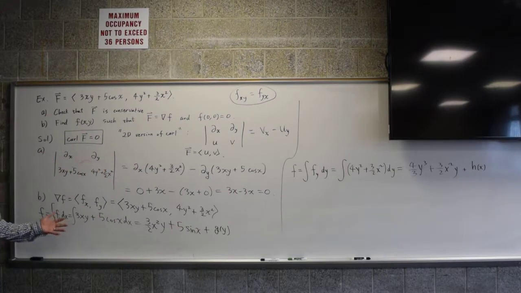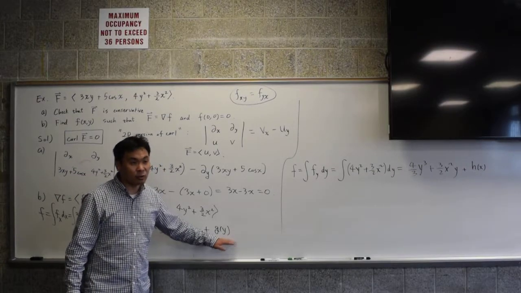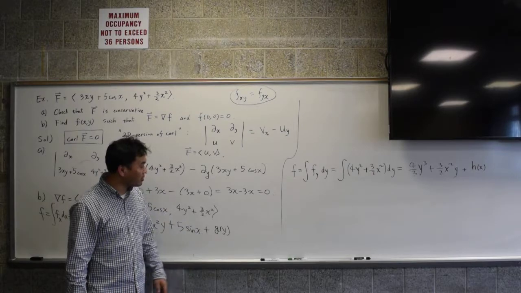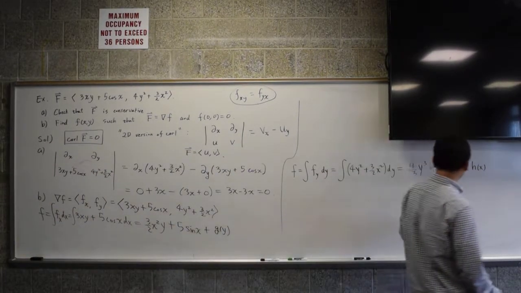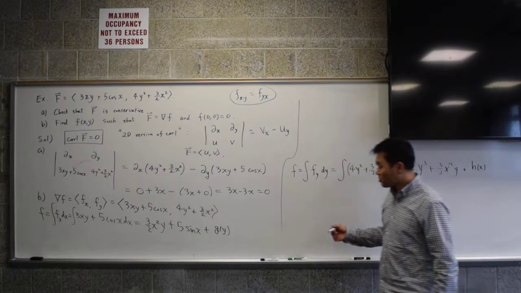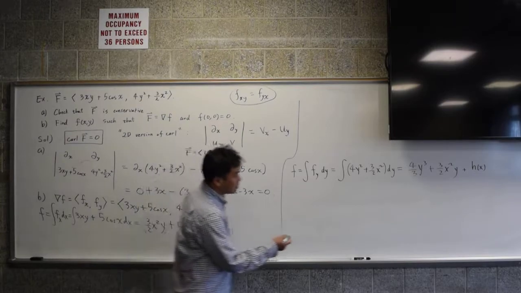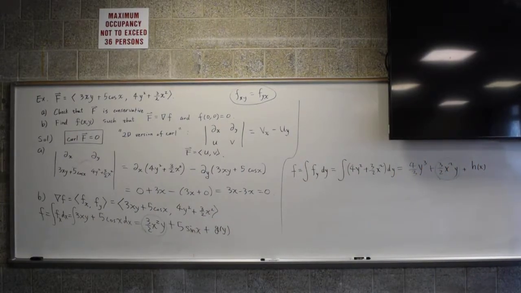However, just as I explained, there is this unknown function of y that we have no idea of, okay? And the only way to figure out what this g of y is, is to use the second part. So you basically have two different views of the same function, okay? The structure of the function is, if you look at this, you see that this is common, right? You see those two green things that are common, right?